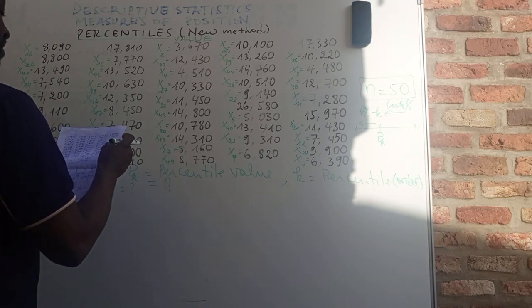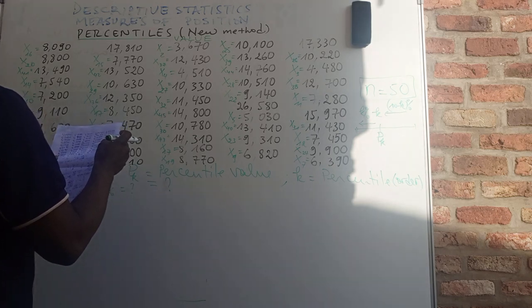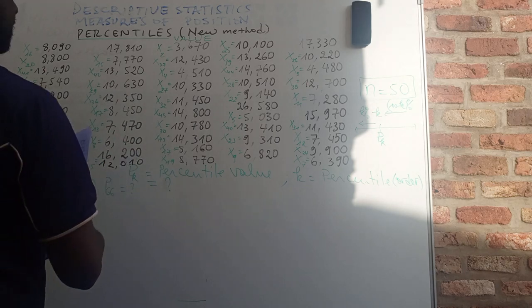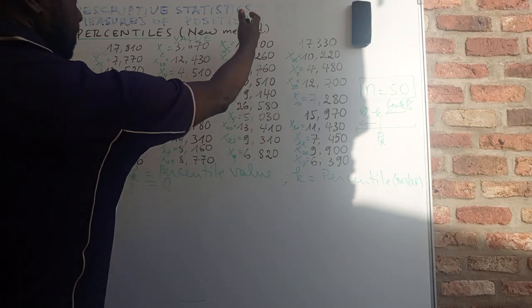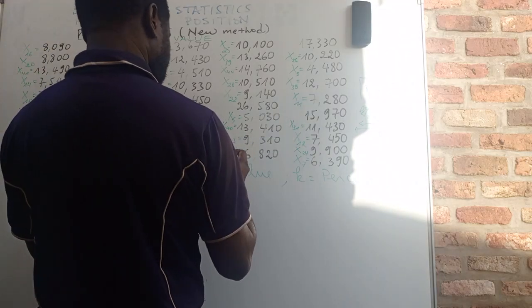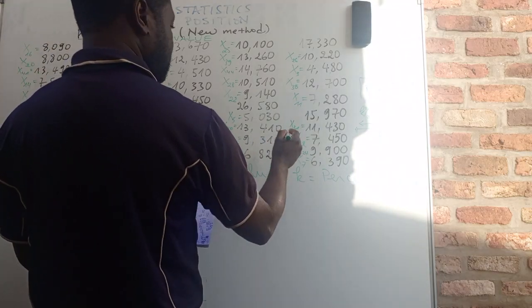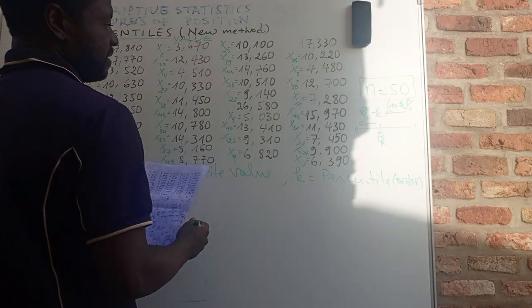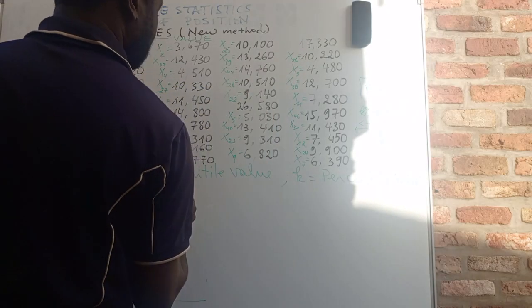15970. 15 here. x sub 46. Now this part is over except this one.